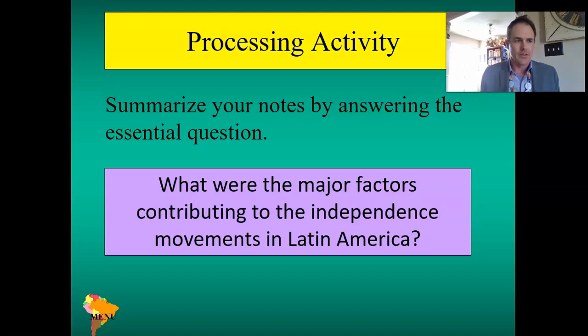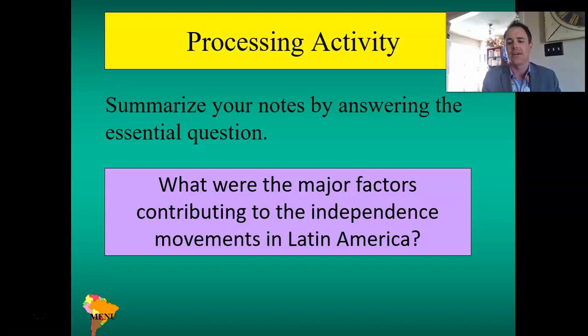Remember the formula, right? X, however, A and B, therefore Y, or the variations on that formula, Y, or A and B, therefore Y, or Y because A and B. Right here we're using the formula variation Y because A and B, or in this case, the major factors contributing to the independence movements in Latin America were. Now don't get too specific.